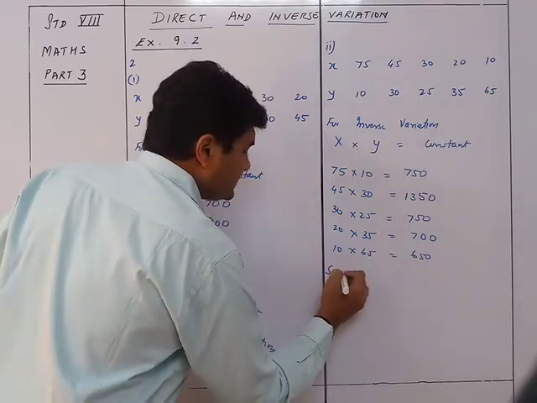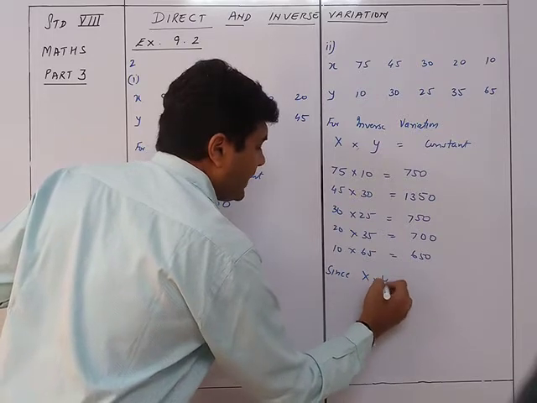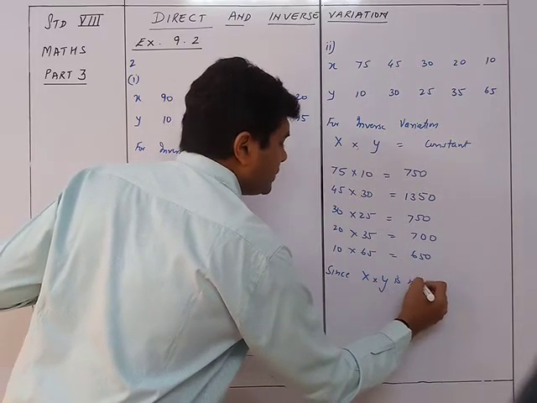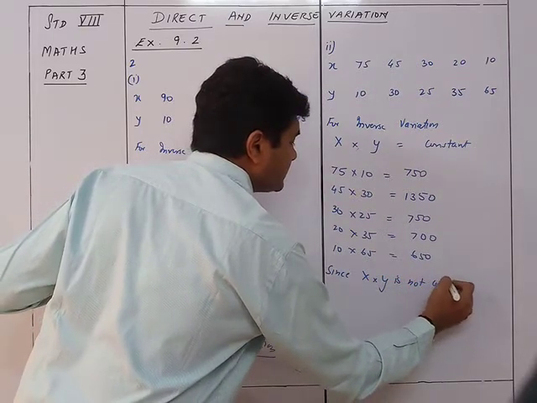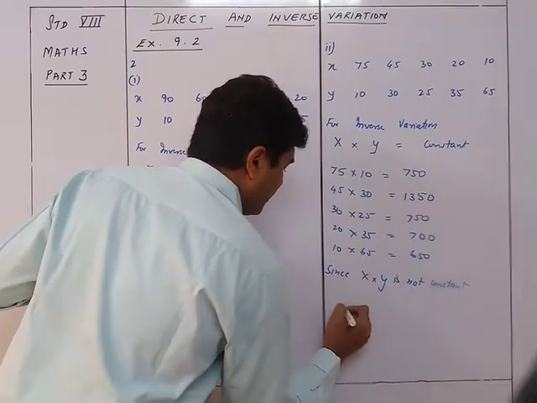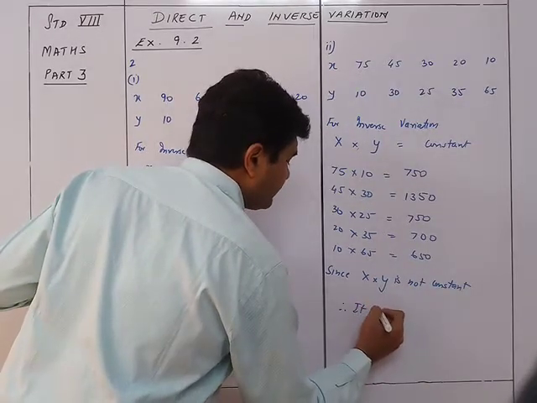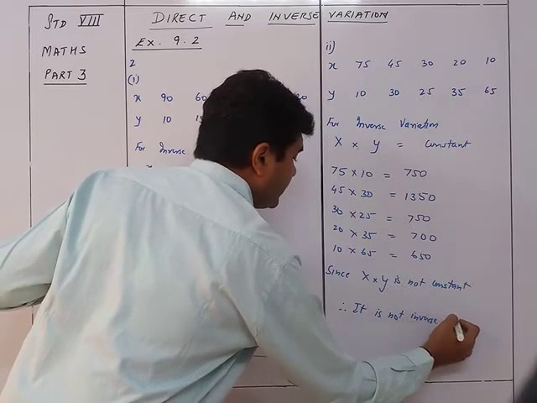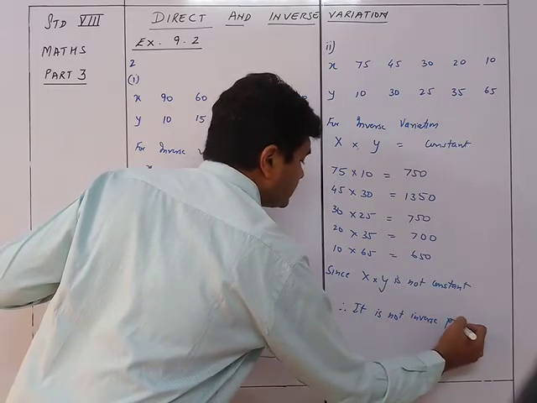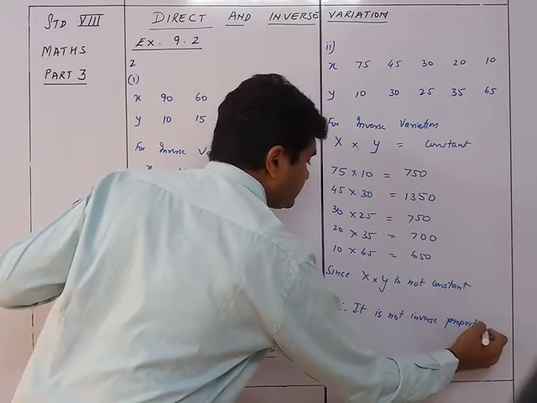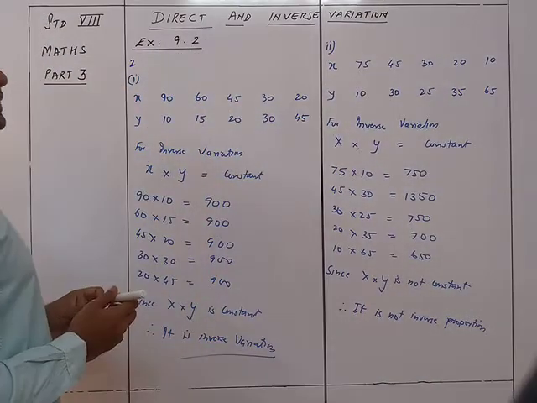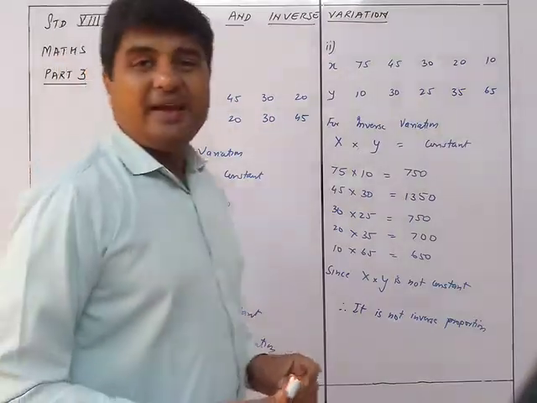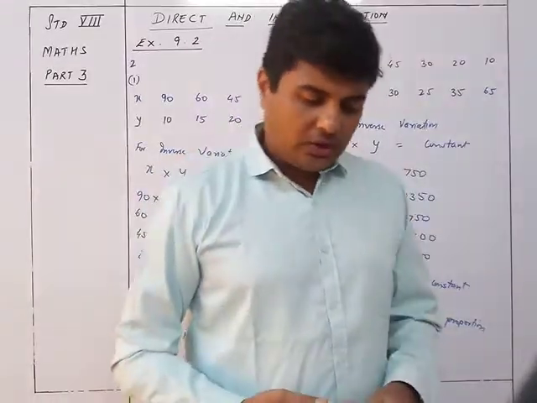So since x into y is not constant, therefore it is not inverse proportion. Okay, so it is not inverse proportion because x into y is not constant.